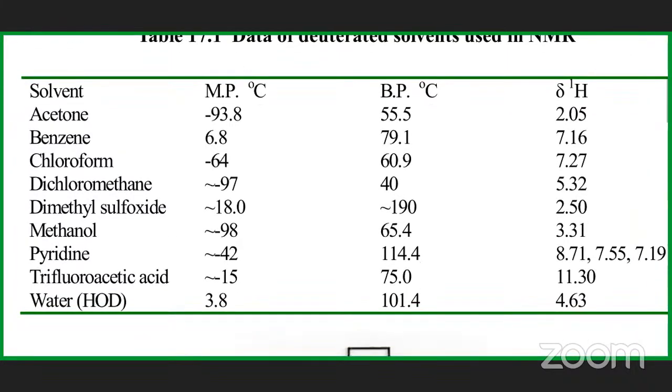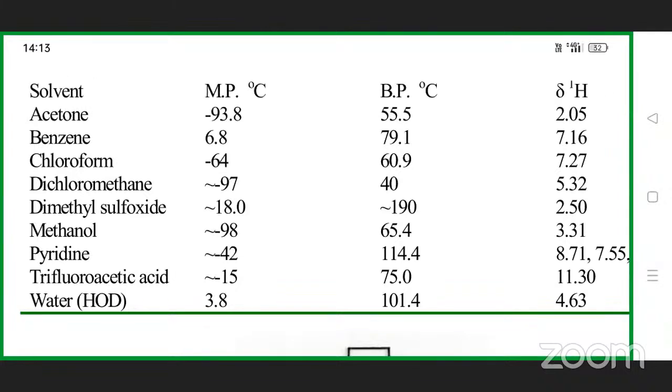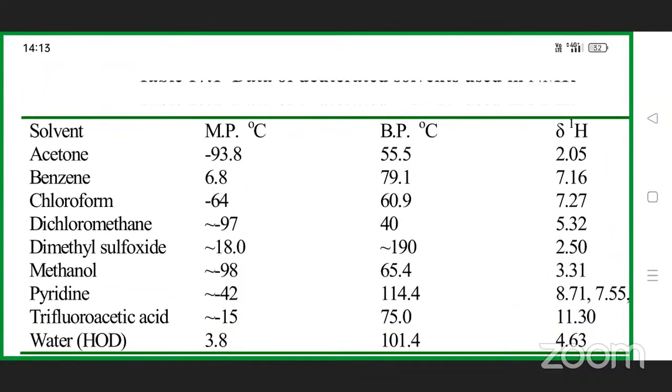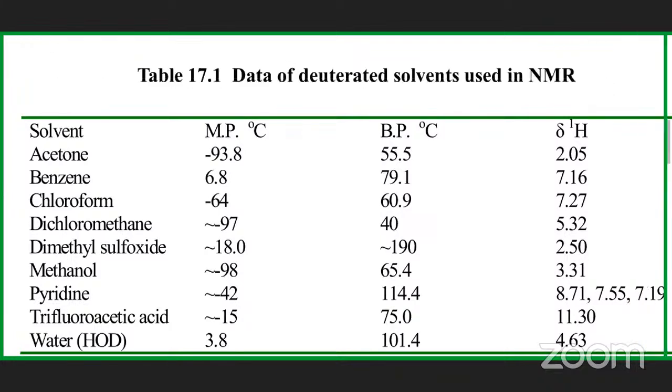Acetone appears at 2.05 delta, benzene at 7.16, and chloroform at 7.27, because chloroform has 3 chlorines, and as electronegativity increases, the delta values increase.